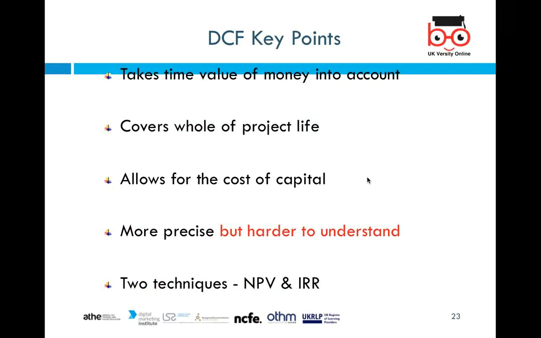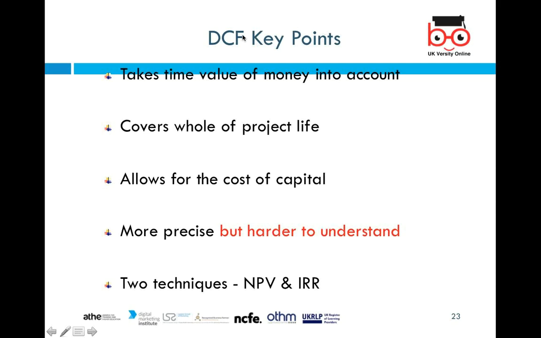So the key points of discounting cash flow: because we are discounting the cash flow, it takes the time value of money into account, which is very important because time has a value. It covers the whole of the project's life, and it allows for the cost of capital to make the calculation proper.